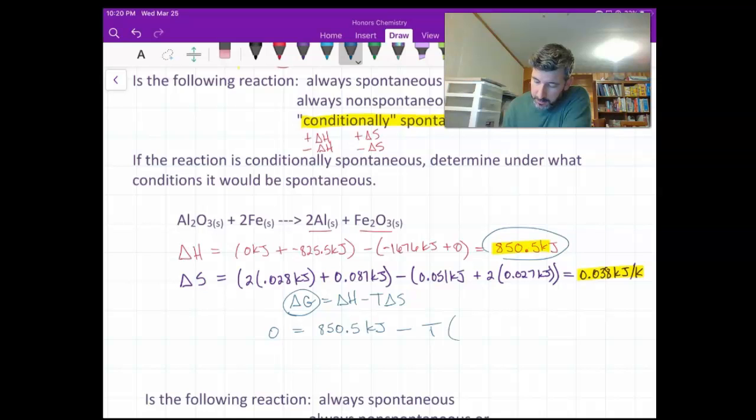So minus T times delta S, which was 0.038 kilojoules per Kelvin. And then this time I am going to ask you to go ahead and get out a calculator. It could just be on your phone or whatever, and see if you can solve for temperature. Keep in mind that that answer is going to be in kelvins.